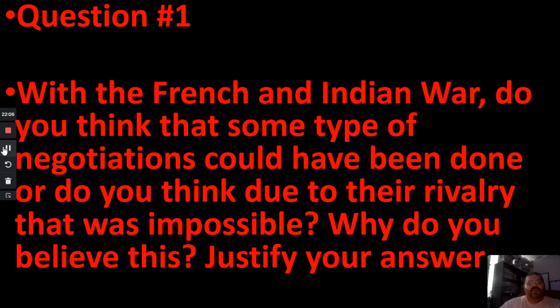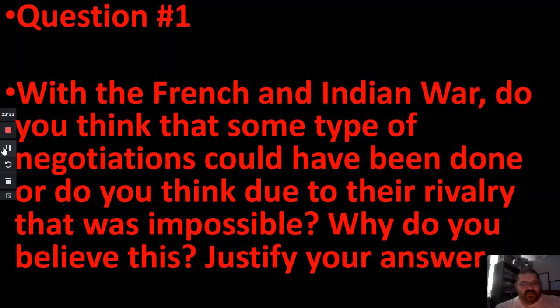So, with the French and Indian War, remember the French and the British, they hate each other, they're rivals. Do you think some type of negotiation could have been done, or do you think due to the rivalry that was impossible? In simpler terms, do you think these guys could have talked it out like, hey, we'll take half of this land, you take the other half.